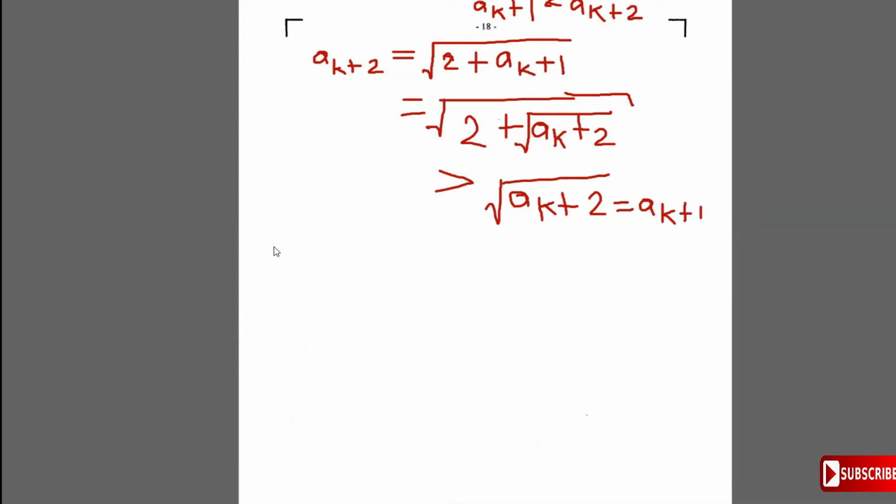And so this implies that a_{k+1} is less than a_{k+2}.